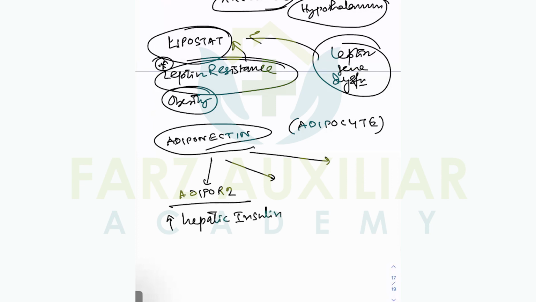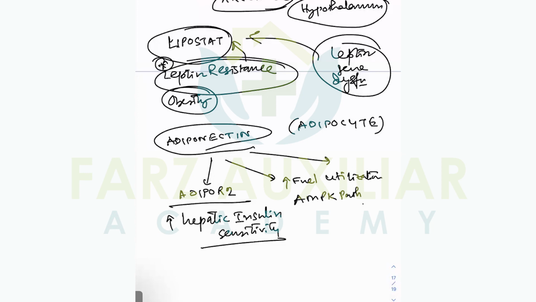You all know that insulin is required in certain metabolism in the liver, and this hepatic insulin sensitivity is important for maintaining gluconeogenesis and other pathways. Next one, overall fuel utilization, and that is by the AMPK pathway.